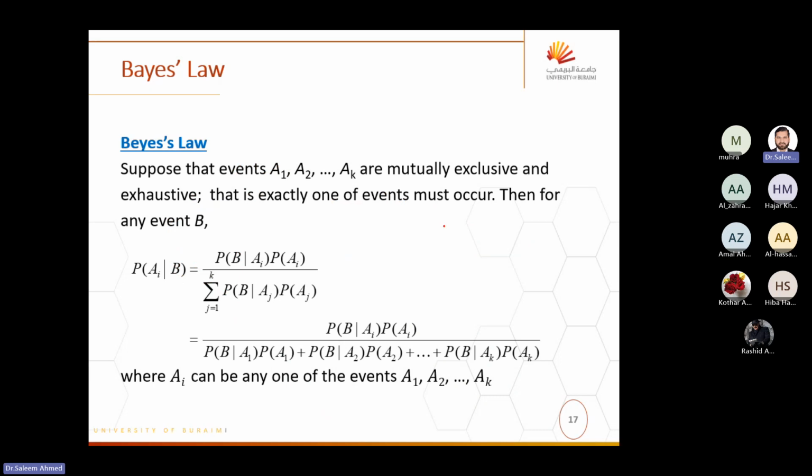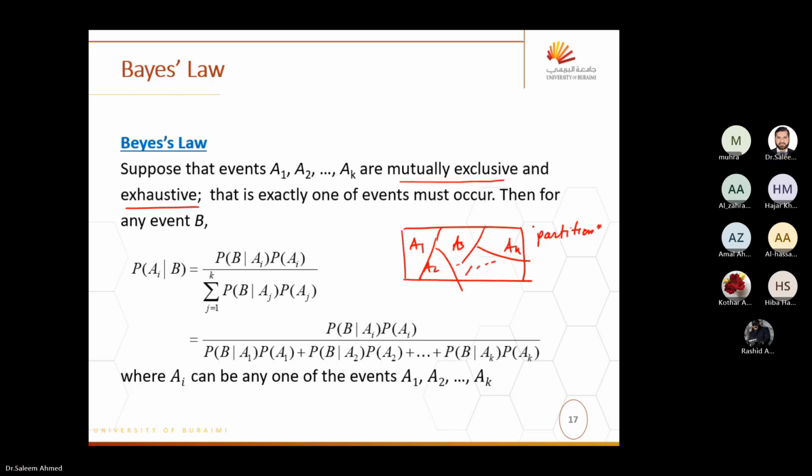So this is now the general rule for any number of events. If you have any number of events, A1, A2, A3, A4, and so on up to AK, though they don't have to be straight lines, they can be anything, right? There are many events, but they are both mutually exclusive and exhaustive. So basically, they give you a partition of the sample space S.